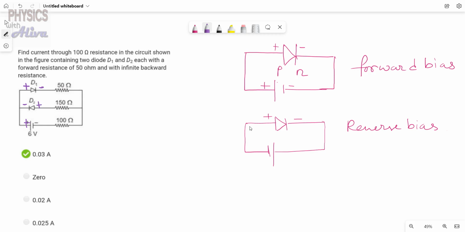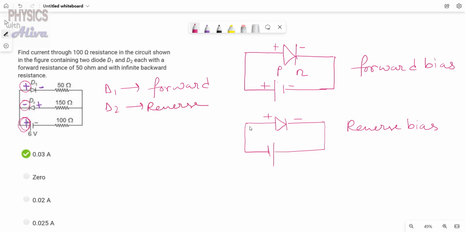From the figure we can easily show that the positive end of the D1 diode is connected to the positive end of the battery and the negative end of the D2 diode is connected to the positive end of the battery. So from here we can say in this situation D1 is in forward bias condition and D2 is in reverse bias condition, right?